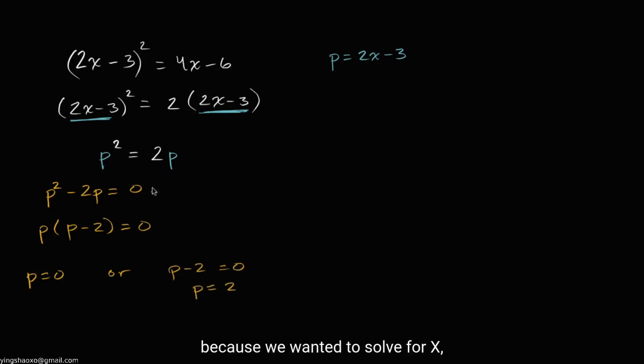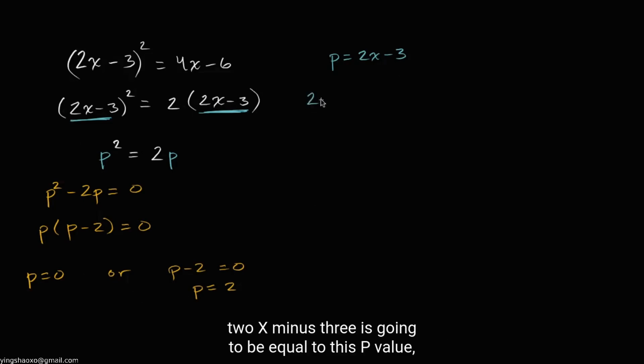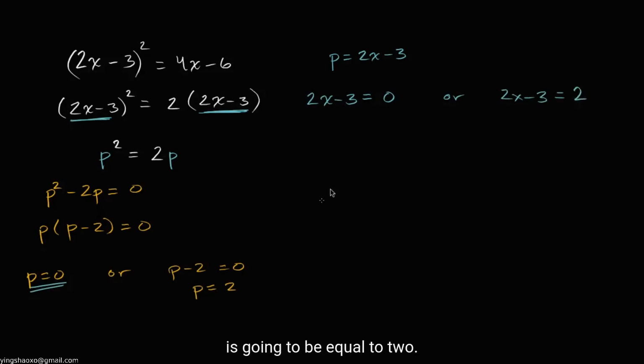Well, we're not quite done yet because we wanted to solve for x, not for p. But luckily, we know that 2x minus 3 is equal to p. So now we could say either 2x minus 3 is going to be equal to this p value, 0, or 2x minus 3 is going to be equal to this p value, 2. This is pretty straightforward to solve.